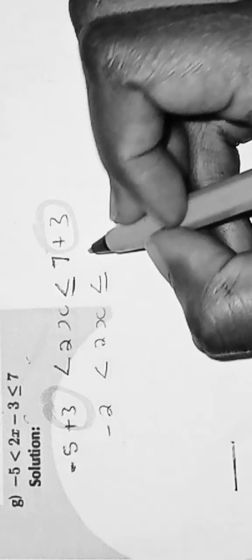And then 7 plus 3, you're going to get 10. We are not done solving for x.